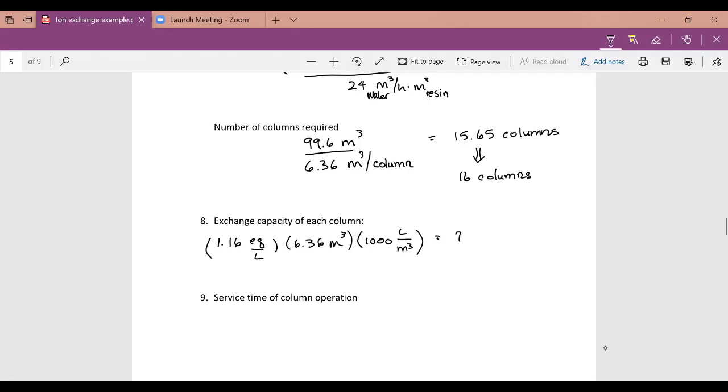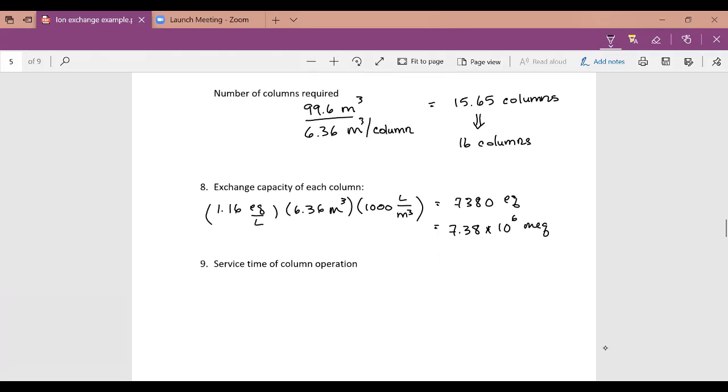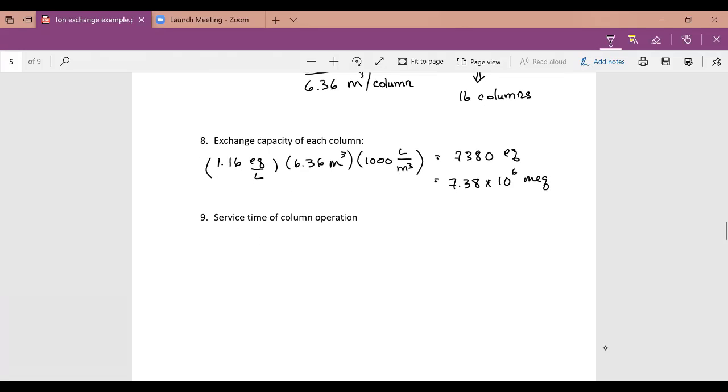And that equals 7,380 equivalents. So that's the capacity in each column. And that equals 7.38 times 10 to the 6 milliequivalents. Since everything else was milliequivalents, I just converted that, multiplied by 1,000 to get milliequivalents.